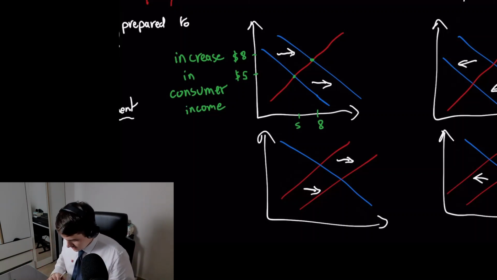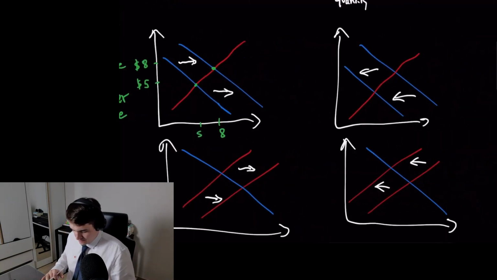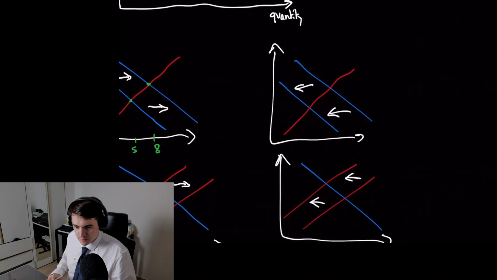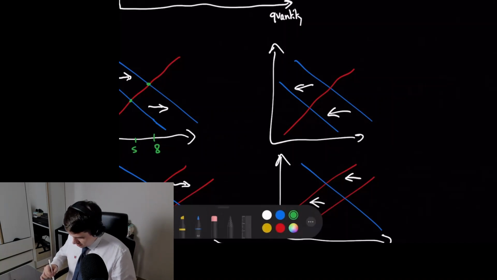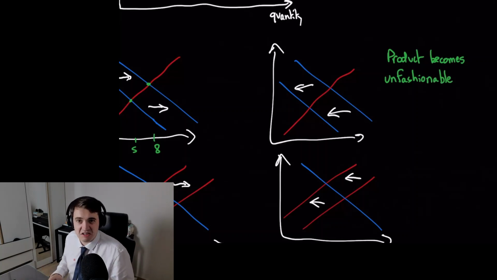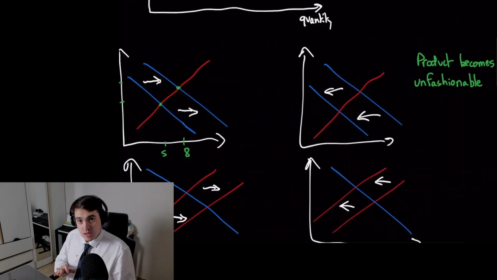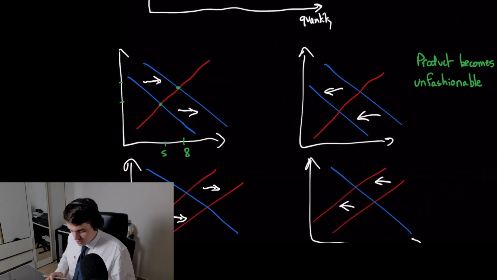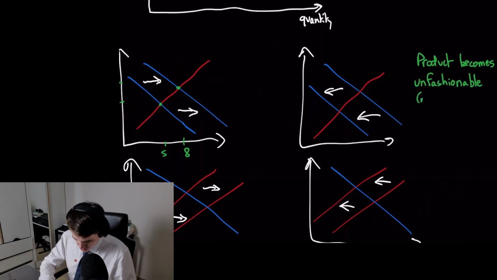Okay? The next one, here on the top right here. A product becomes unfashionable. It's not trendy anymore. Some clothes are not trendy anymore. So what happens? The demand curve shifts to the left. Nobody wants it.